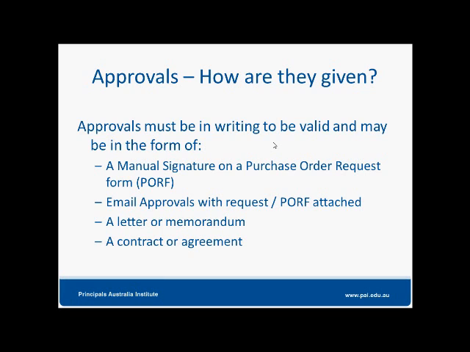Another form of approval is the contract or agreement, where two parties generally have signed a contract for the supply of a service or a good, and the PAI signature is that approval for expenditure to take place. It may not necessarily generate a purchase order, but it certainly is a form of approval.